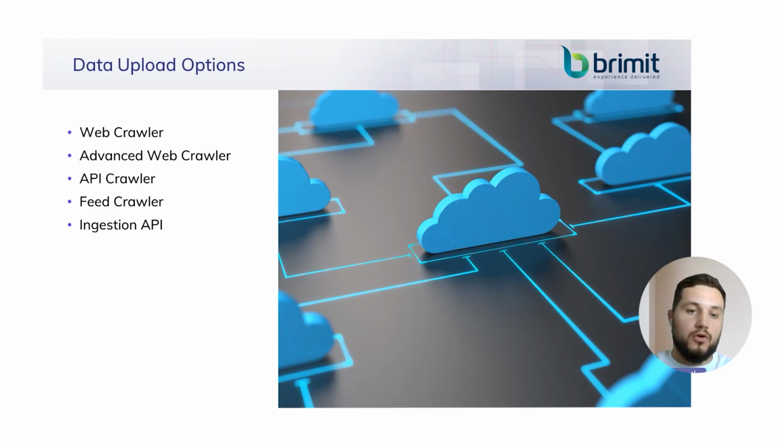A good approach for creating powerful data uploading is to use the API crawler for the initial data upload and schedule updates, and enable incremental updates, which let you update documents using the Ingestion API.